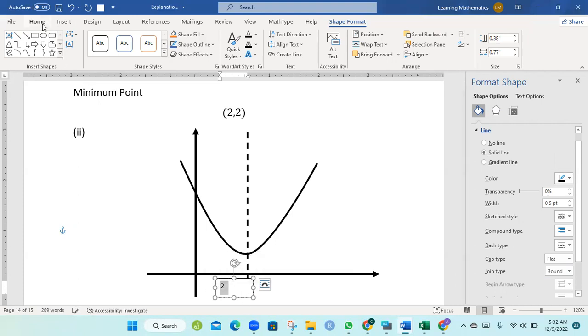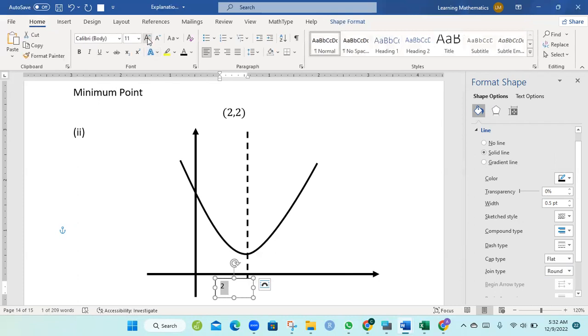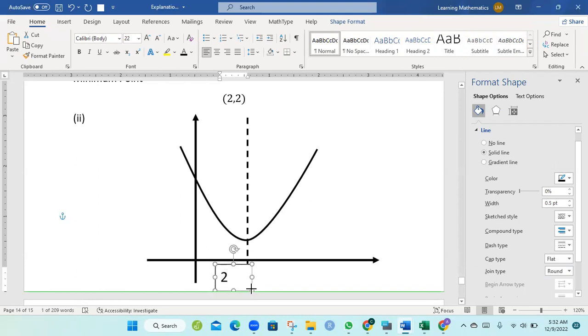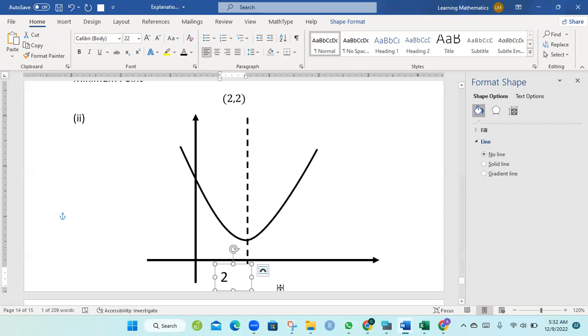The line of symmetry is passing through x equal to 2. And the y value of the minimum point will be 2.